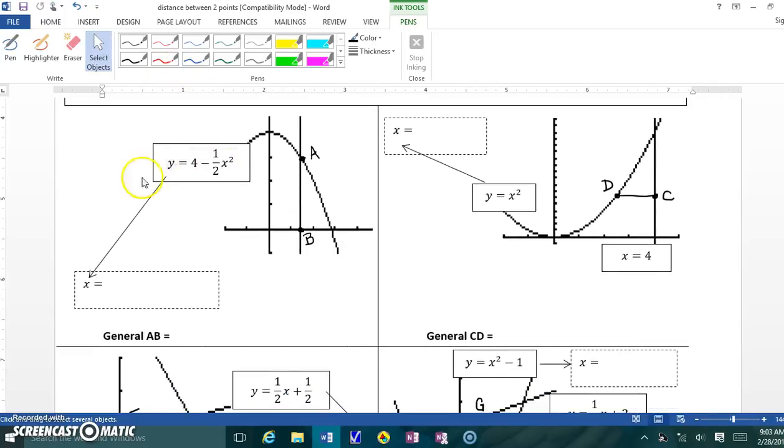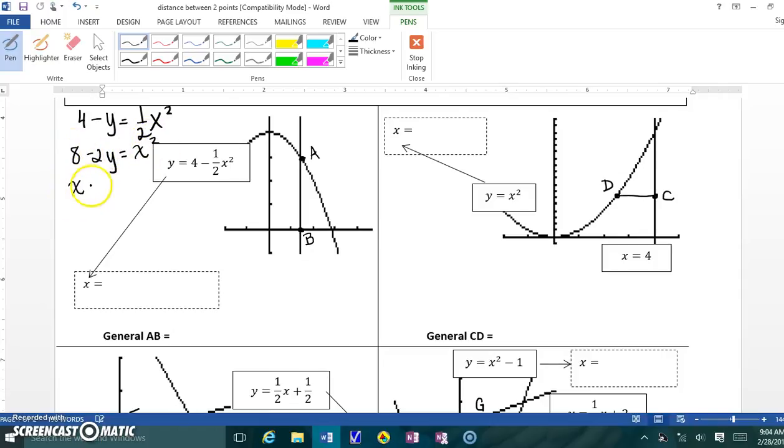Our main goal here is to find the lengths of the segments that I drew in here in pen. We're going to be subtracting either y values or x values. What I want you to do is solve each of these for x. You can show any work that you might need for that. So this is what I mean. I'm going to multiply by 2 to get rid of that. So I have 8 minus 2y equals x squared.